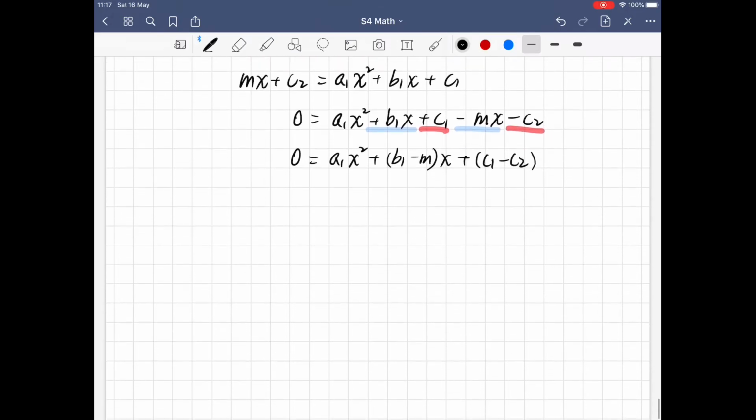Okay, and finally we can get the final answer by rewriting it: a1 x squared plus b1 minus m x plus c1 minus c2 equals 0. And this is a quadratic equation.